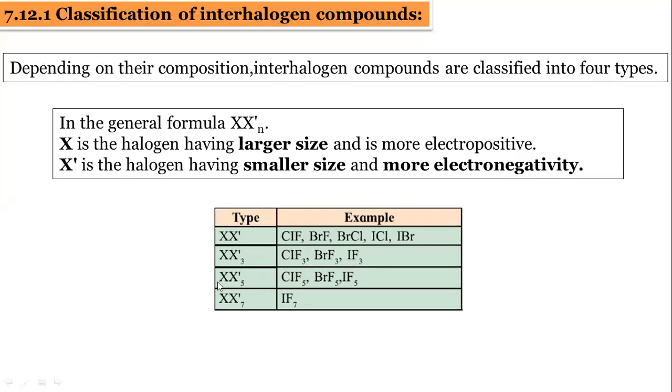Then the third type is XX'5, with 5 fluorine atoms: ClF5, BrF5, then IF5. And in XX'7 there is only one compound, that is IF7. So this is the classification of interhalogen compounds.